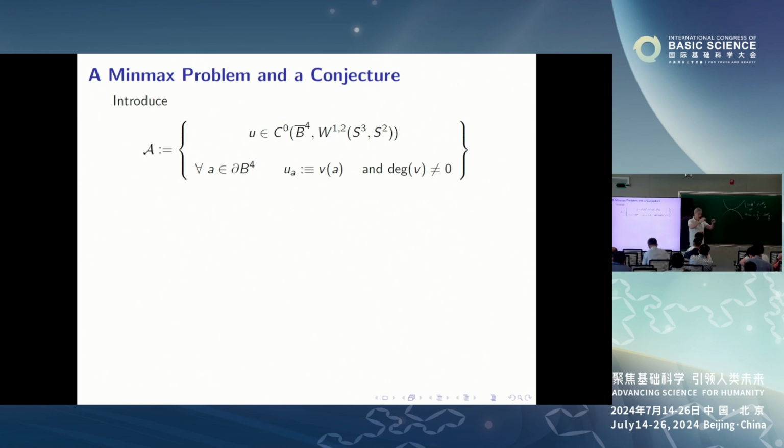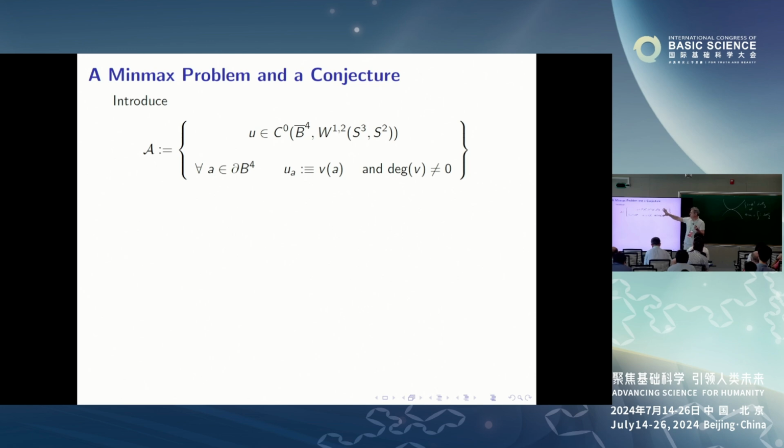And what you require is that when you go to the boundary of the ball, your map is constant. And when you collect all these constant maps, you realize a map which has a Hopf degree which is homotopically non-trivial.